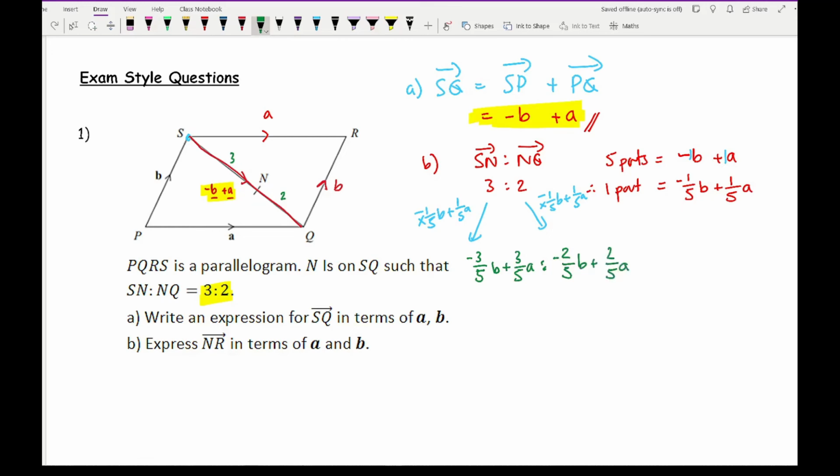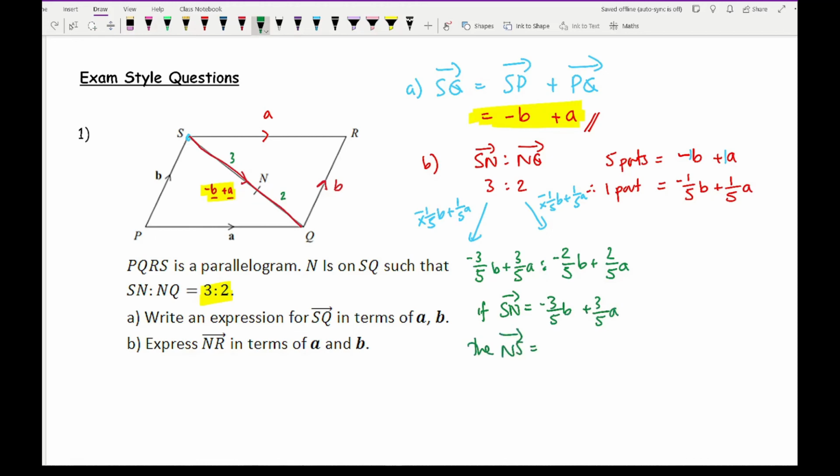So S to N, which is what I've worked out. If S to N is minus 3/5 B plus 3/5 of A, then N to S is going to be where I change the sign.